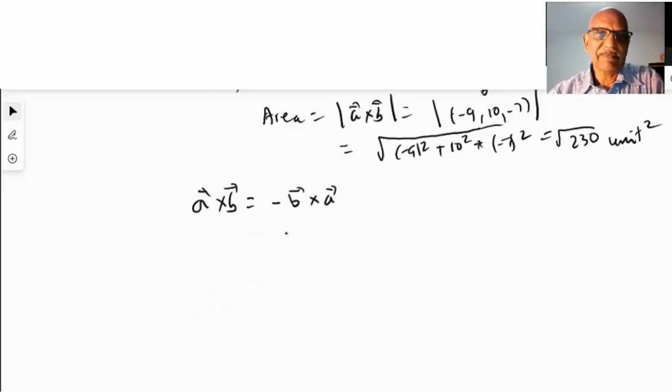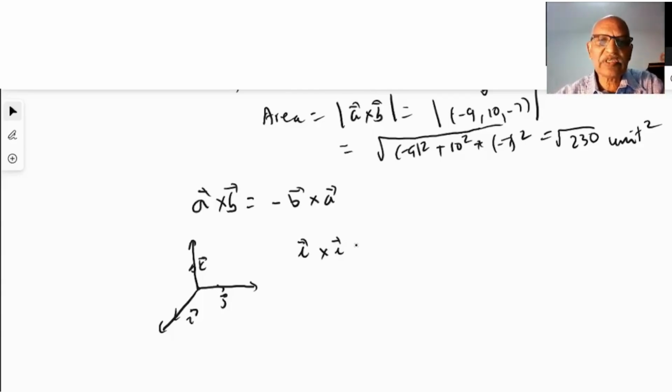Okay, now the same way, this is i, j, k. If I want to see i cross i, the angle between them is 0, and sine of 0 is 0.